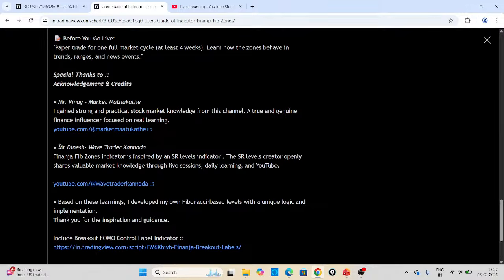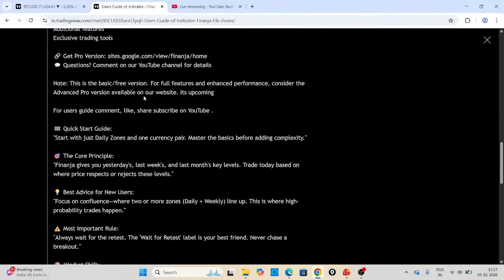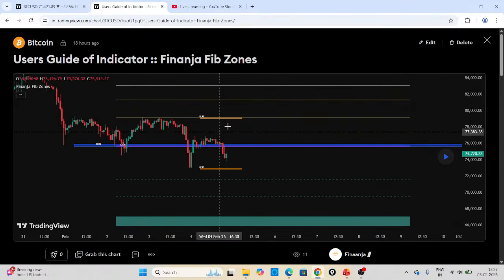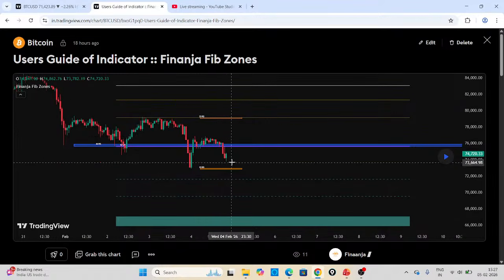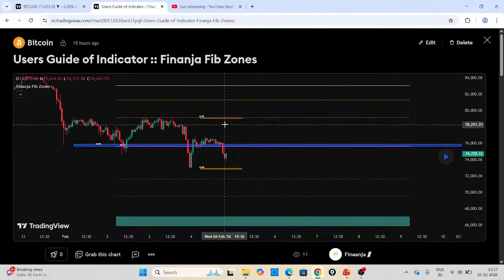Also, Mr. Dinesh, the wave trader Kannada, is a very knowledgeable person. He built one more indicator called the SR level indicator. My indicator is based on Fibonacci levels, and I'll be discussing the trading methodology right now.